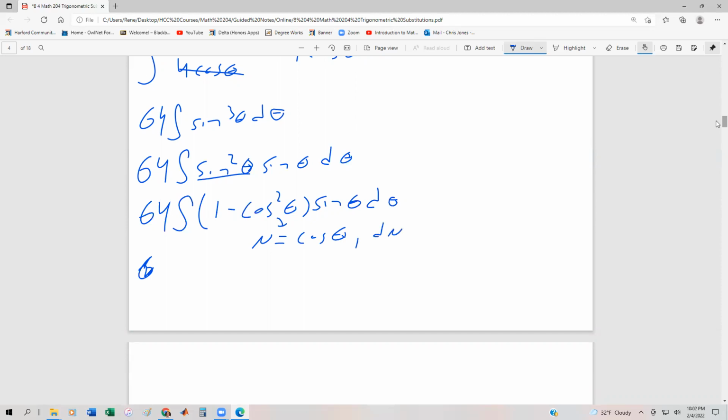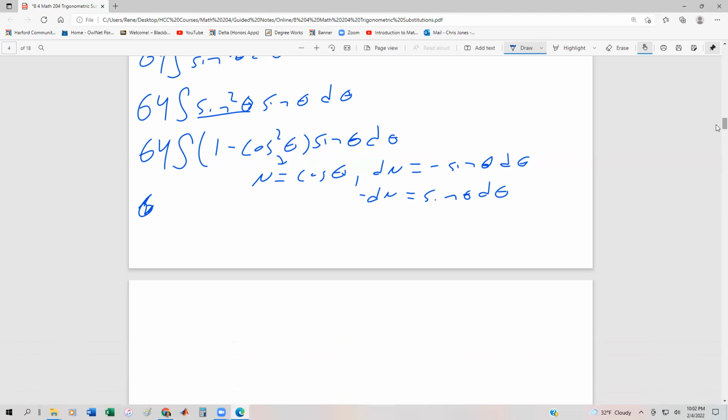The derivative of cos theta is minus sine theta d theta, which is good news. Unfortunately, we don't want negative, but fortunately, we can divide both sides by -1, and we get that negative du is equal to sine theta d theta.